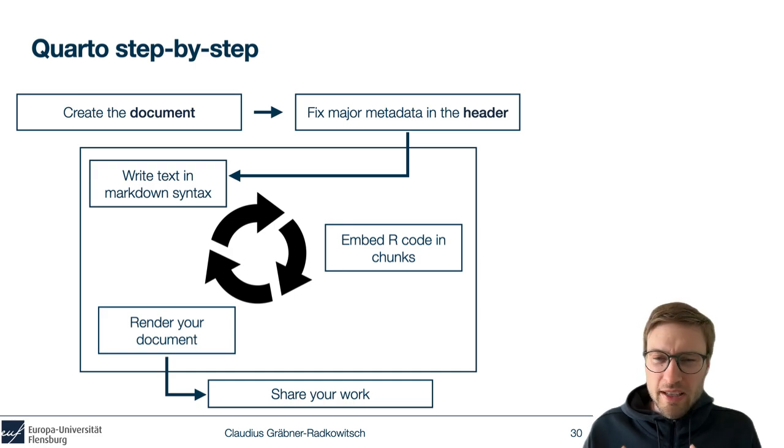And as I said, once you get the basics right and you know how to create, for example, an HTML document, there are tons of other options like creating websites, creating books, etc. There is a lot of good documentation out there that is very easy to understand once you've got the basics right. I hope I made it clear that it's not that difficult, and I hope I gave you some help in kickstarting your use of Quarto.